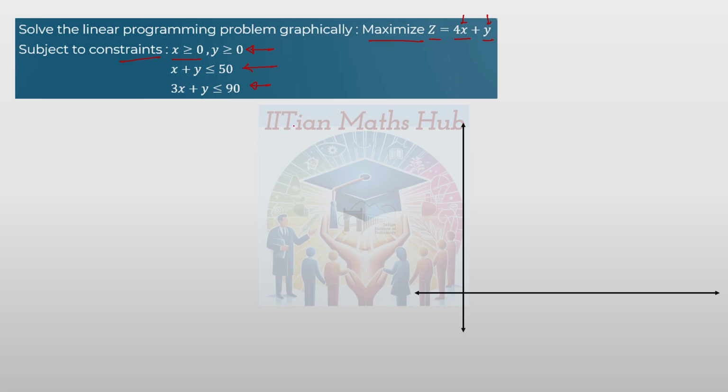So what is the first part? The first part is to draw these lines on the xy plane. This is the xy plane, this is x, this is y. First, maximize z is given as 4x plus y. This is our objective function.